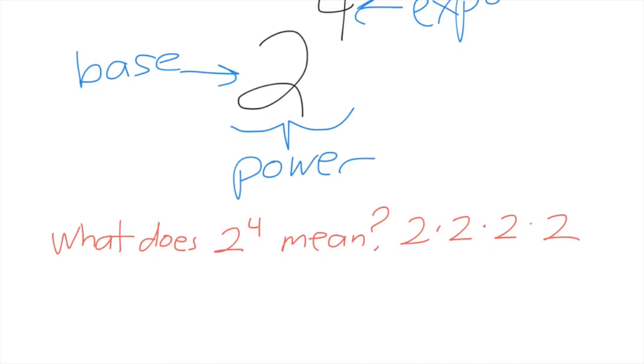Because you take the base, it's the base raised to the exponent, and the exponent's telling me how many times that you're going to multiply the base to itself. You know, remember, it's all about the base. About the base. It's no trouble. Sorry, had to throw that in there.